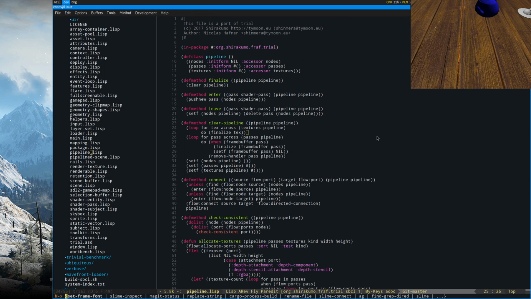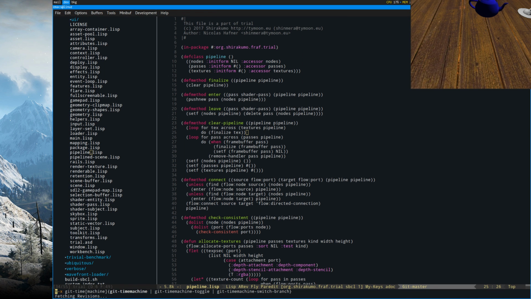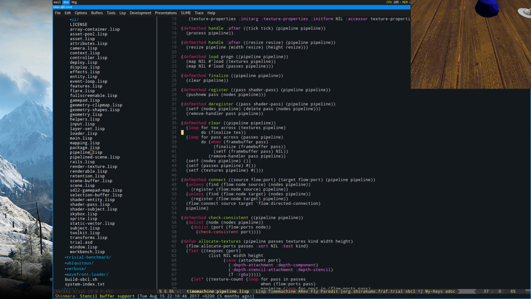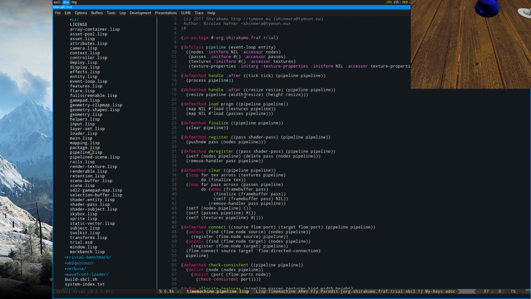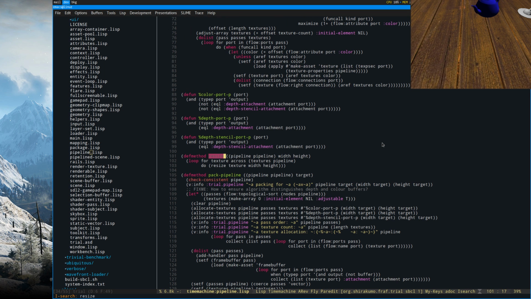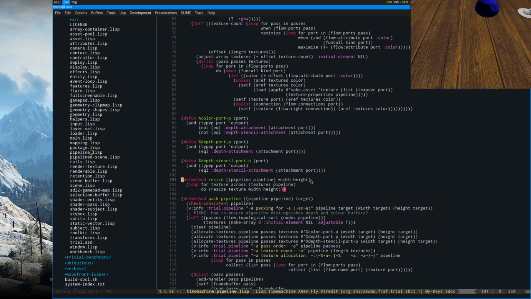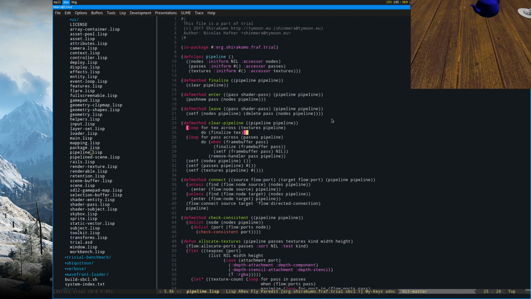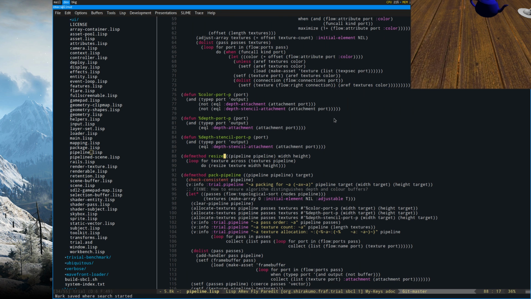Must have been... Time machine this. Wait, I have a resize? What? Where's that handle? Oh, it's here. Still have that? Yeah, okay.